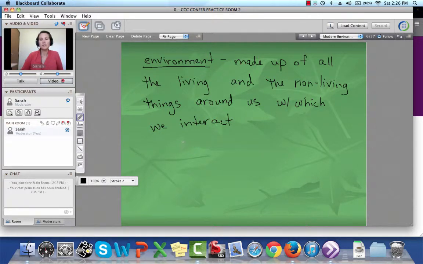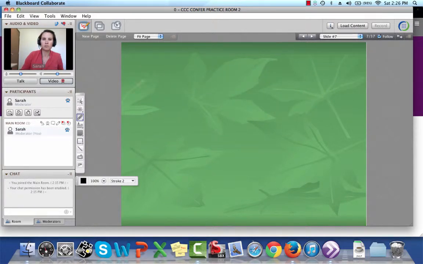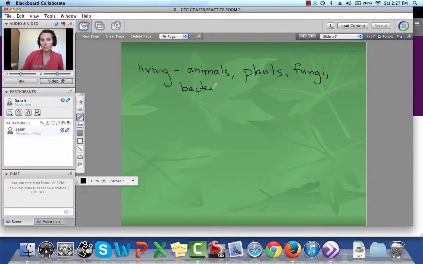So what exactly does that mean? It includes not just plants and animals. It includes a lot of things. Let's make a list. As far as the living, we've got animals, plants, fungus, fungi, bacteria, the little teeny tiny things that you don't really think about.